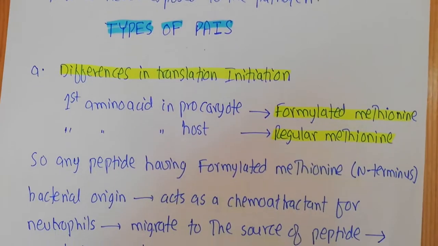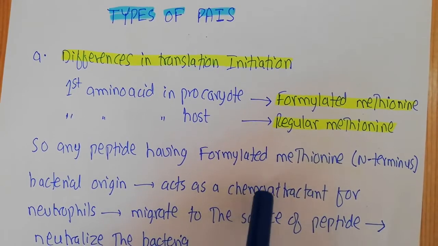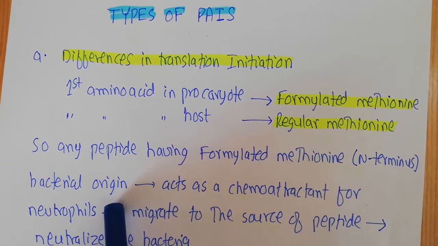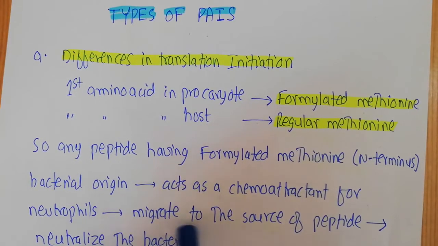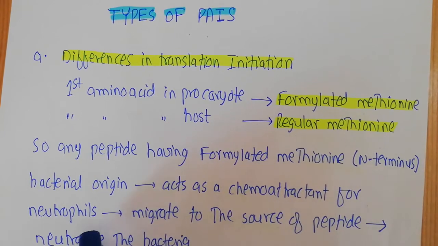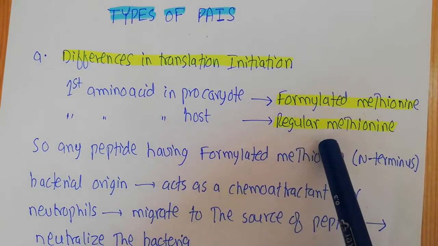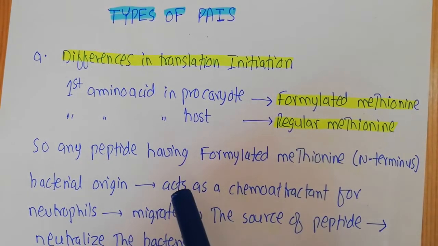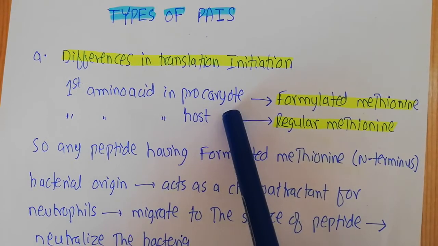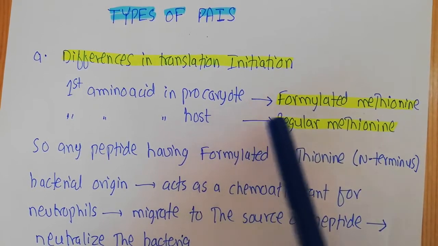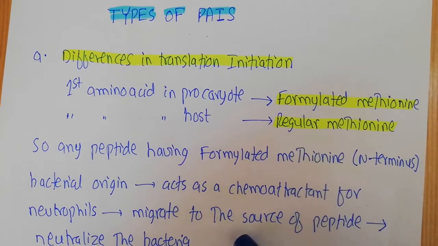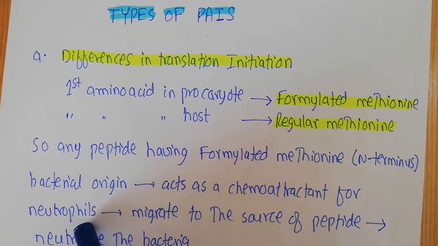These formylated methionine peptides work as a chemoattractant for the neutrophils, because the host peptides with a regular methionine are not recognized by the immune system, but the peptides of prokaryotes have formylated methionine as their first amino acid. So formylated methionine will act as a chemoattractant for the neutrophils.